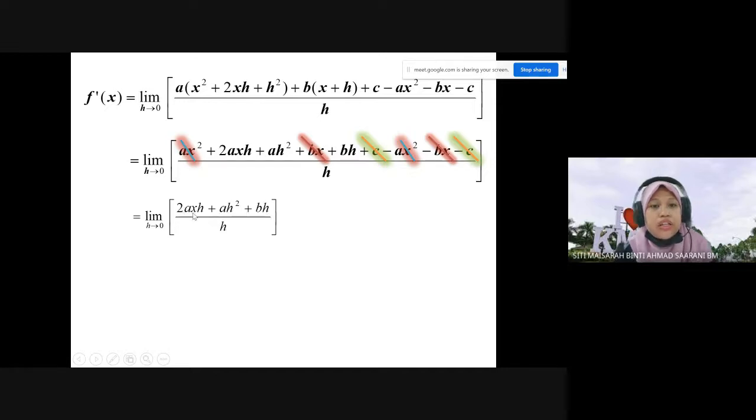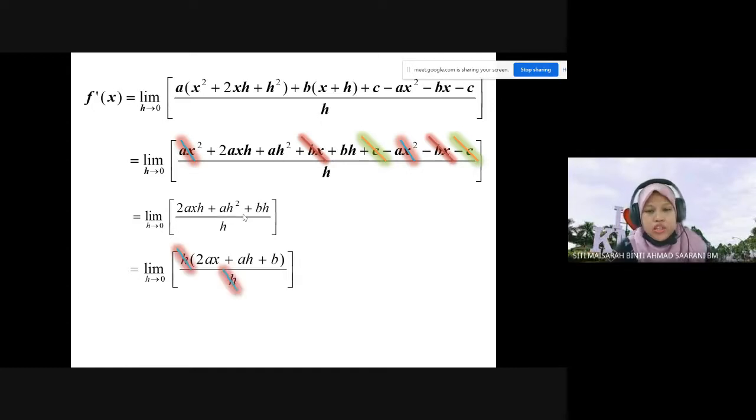We have the same h here, so we can factor out h. Then we get the limit as h approaches 0 of h multiplied by (2ax plus ah plus b), over h. Then we can cancel out h. We can terminate h. So what remains is the limit as h approaches 0 of 2ax plus ah plus b.